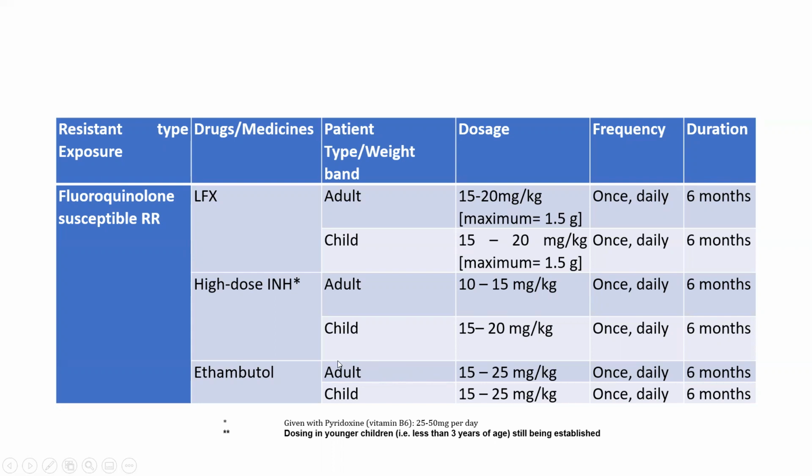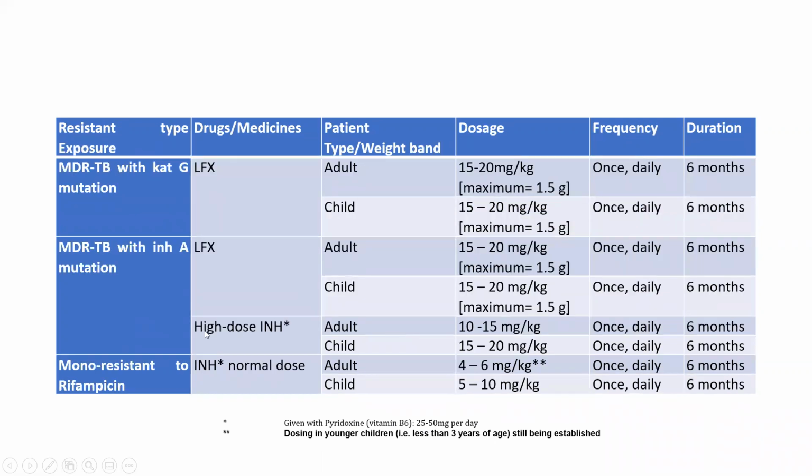What is also important is to give pyridoxine to these patients at a dose of 25 to 50 milligrams per day. Okay. Now, still on type 1 with fluoroquinolone acceptable, if they have a KG mutation, you can put them on levofloxacin mono treatment.